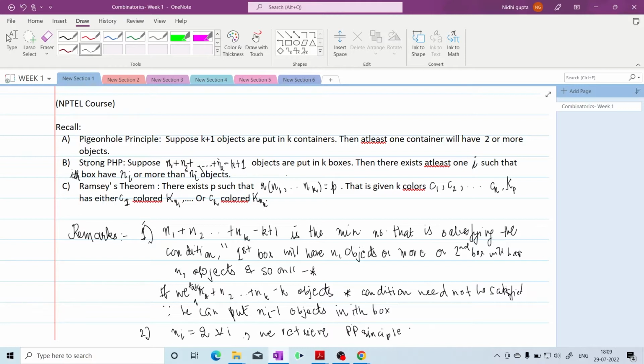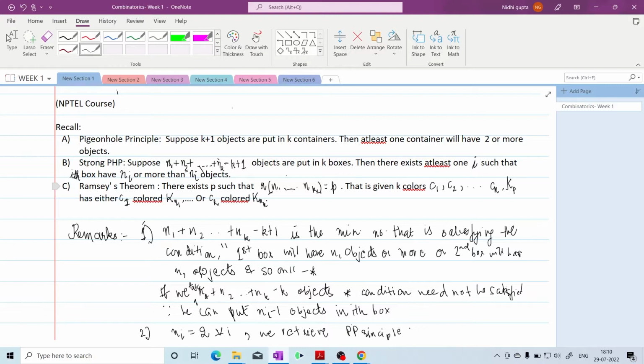And the third theorem that was covered was Ramsey's theorem. Ramsey's theorem says that for a bunch of integers n1 till nk, the Ramsey number exists.